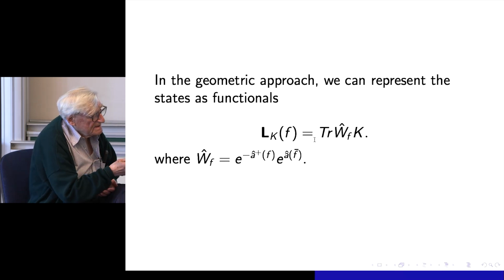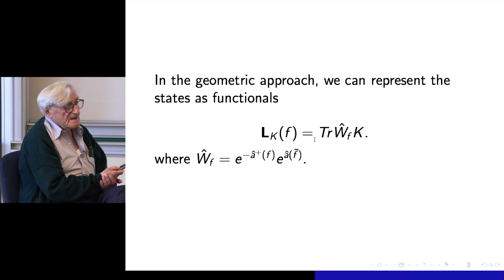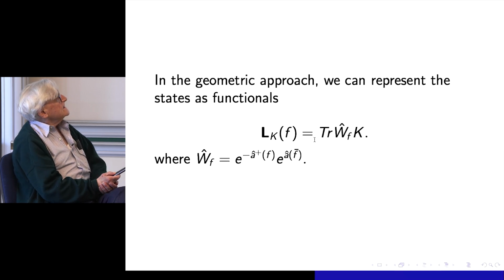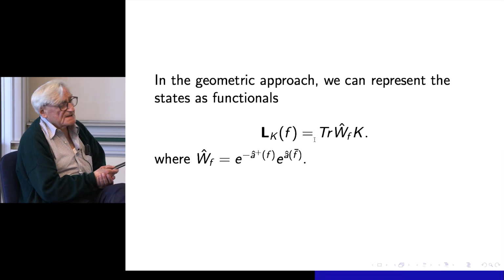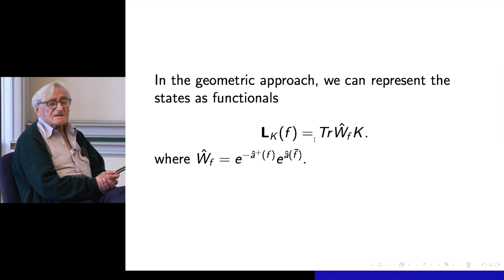But I consider this formula, the trace of operator W multiplied by density matrix K. And what I am saying is that this is a function which is well defined for every density matrix and every function f from my pre-Hilbert space.